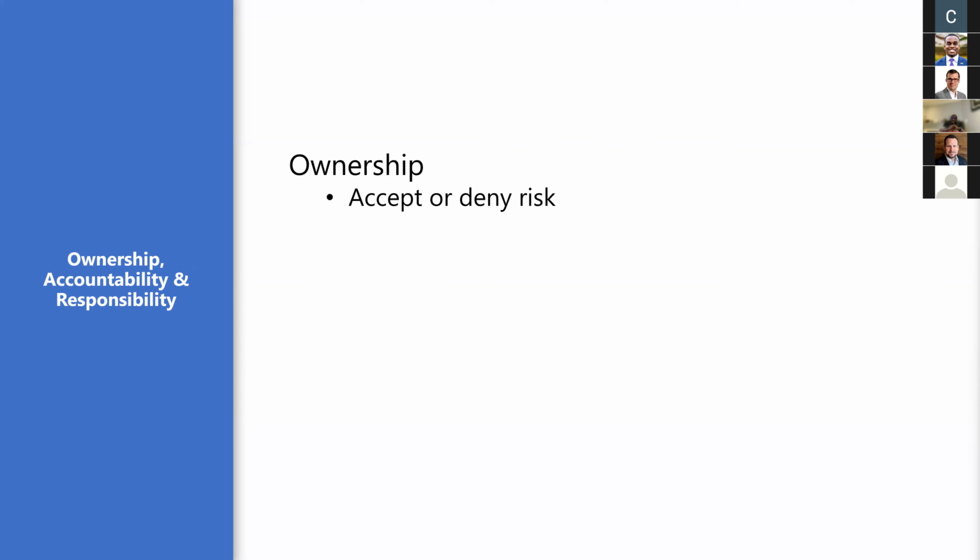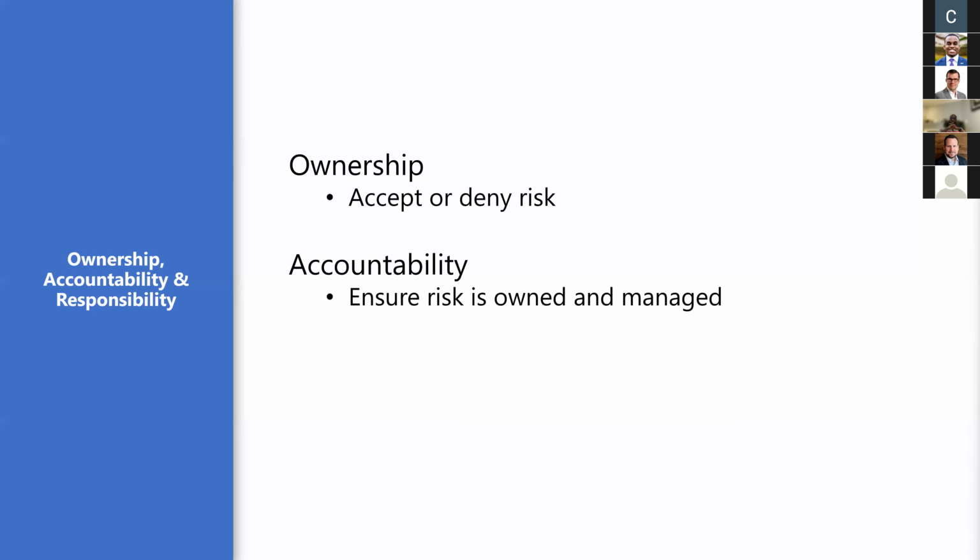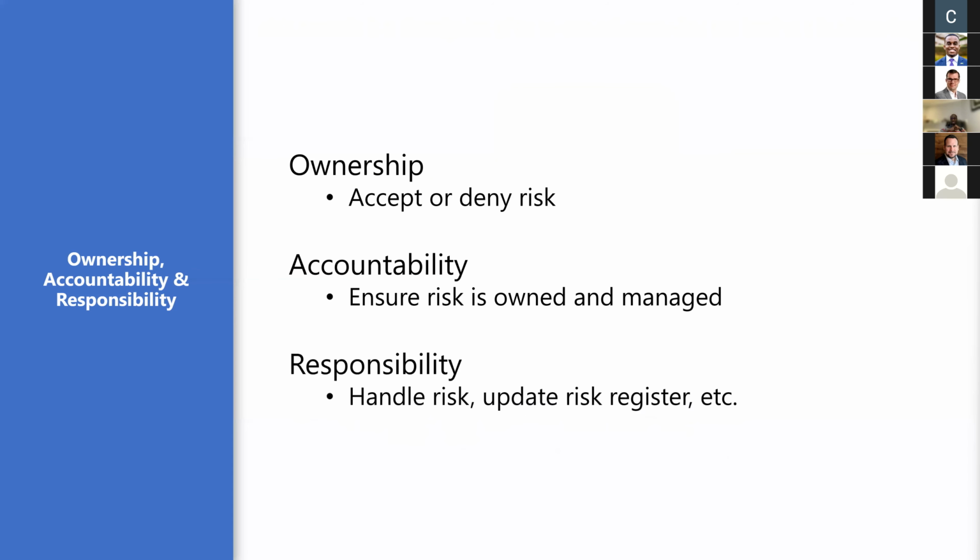And by ownership here, we're talking about who drives the decision making from a response perspective, right? And there has to be accountability. The person or organization, whatever it is, there has to be someone ensuring that the risk in itself is owned and managed. And then we also have the responsibility, someone who is the hands-on, right?